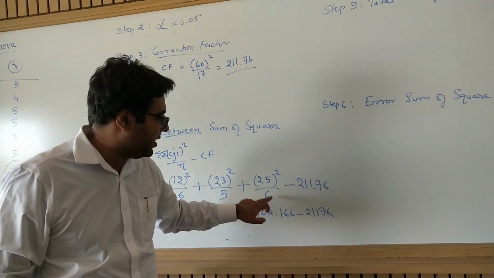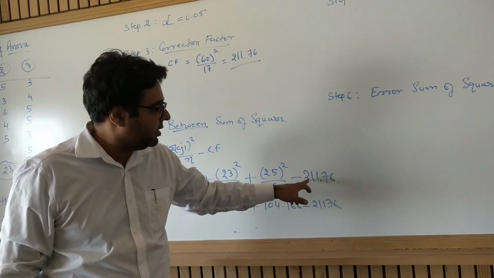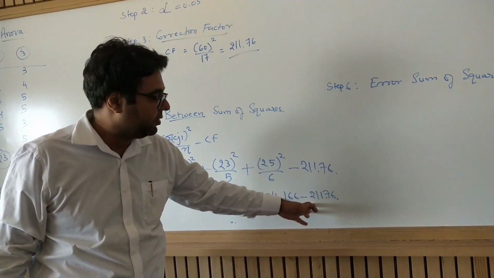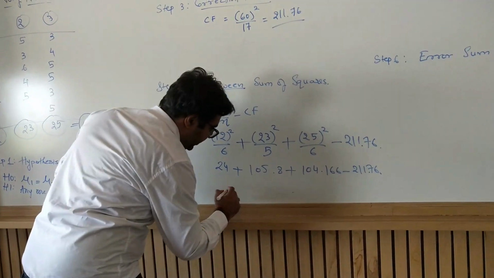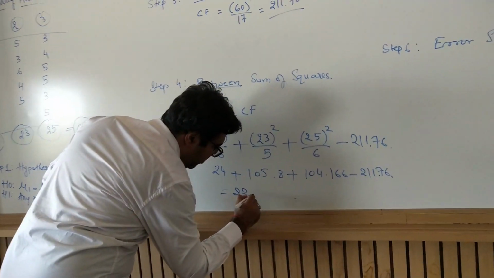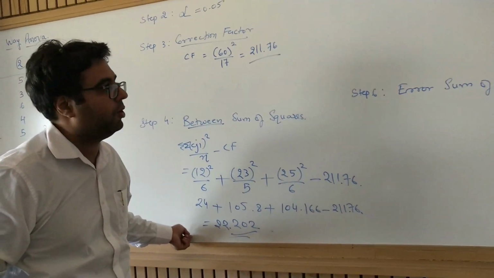Similarly 25 square upon 6 gives you 104.166, and subtract the correction factor again, that is 211.76. So here you will get 22.202, the final solution I have worked out for you all.